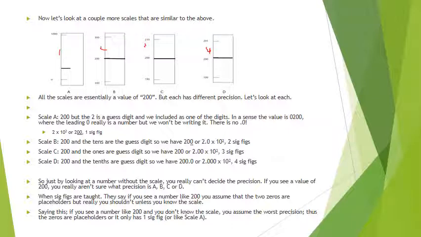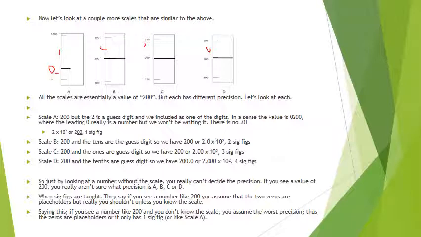Scale A. All right, we're really only allowed to have the thousandths. Okay, so really we only have a guess digit, okay? So our number that we really count is a 0, okay? And then the next digit, which is the hundredths, is a guess digit.